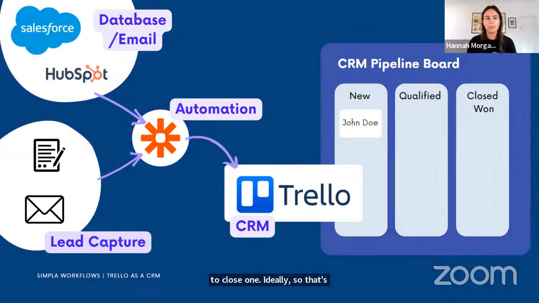So that's the basic workflow from end to end, really high level. That's what we're going to be focusing on today: capturing the leads on our website and then bringing them into Trello, and I'll demonstrate how all of that looks in Trello.